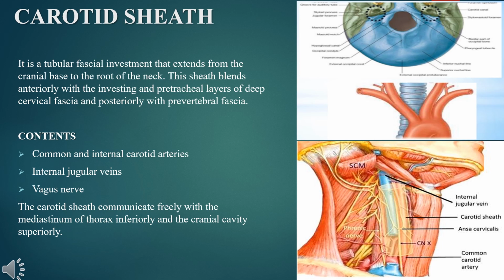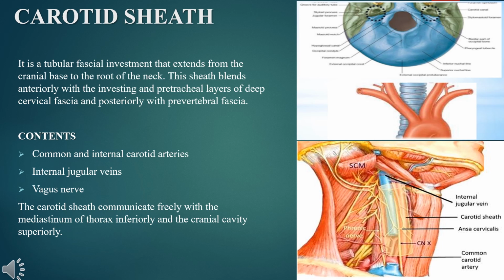In the above diagram, you can see that carotid sheath is superiorly attached to the base of the skull around the carotid canal, and inferiorly it is attached to the arch of the aorta, and in this way the carotid sheath communicates freely with the cranial cavity superiorly and the mediastinum of the thorax inferiorly.